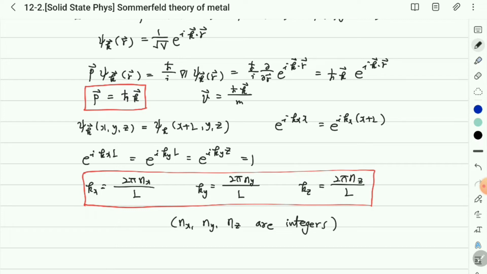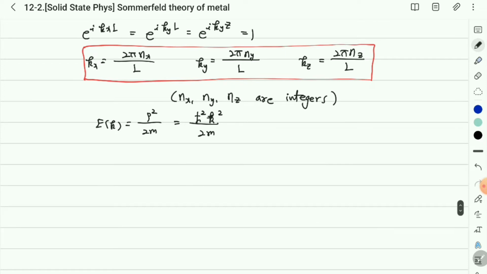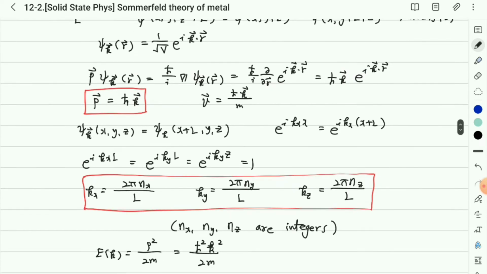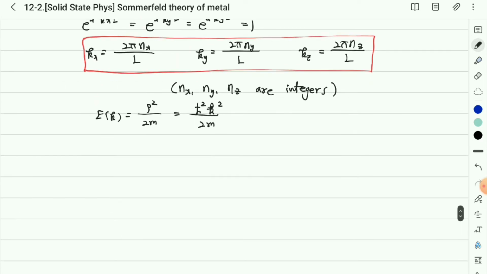Therefore k_x, k_y, k_z, the momentum, is quantized. And so energy is quantized, because energy is p squared over 2m, which is identical to h bar squared k squared over 2m. Therefore, energy is also quantized.